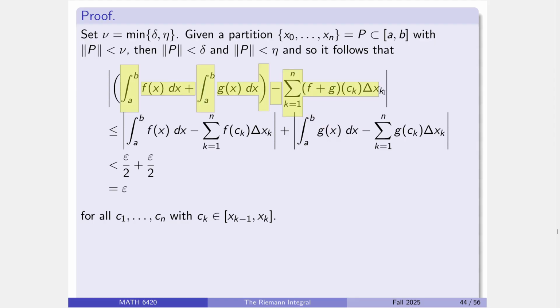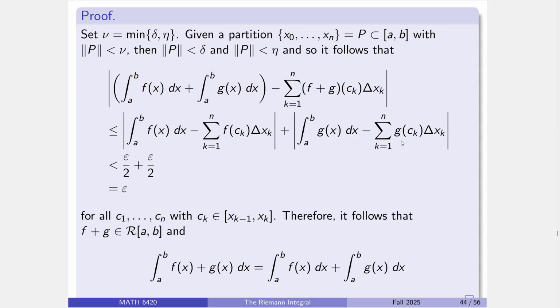And note that inside we've got that, and so here we see the Riemann sums for f plus g are indeed within epsilon of the sum of the Riemann integrals, meaning that the sum is Riemann integrable, and its Riemann integral is exactly what we want it to be, the sum of the integrals.